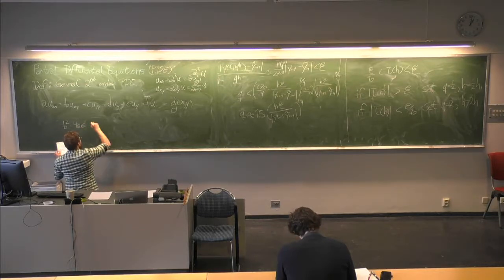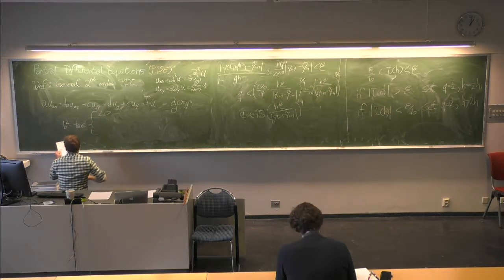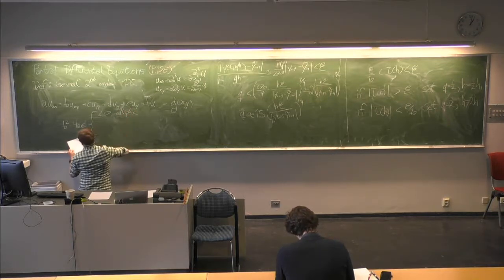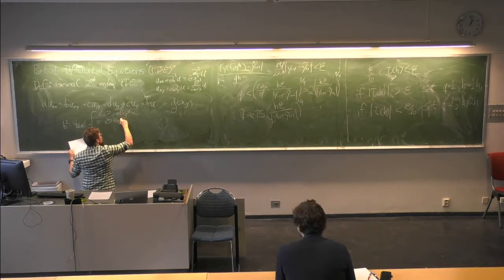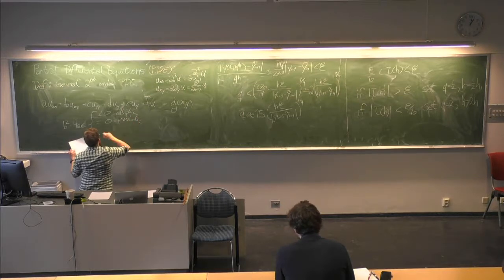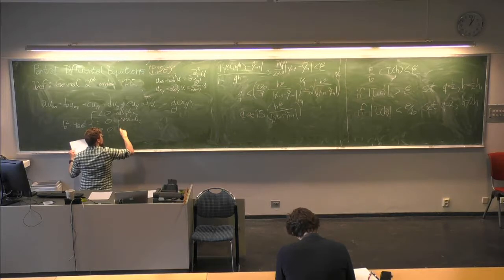If this is less than 0, we have an elliptic. If it's equal to 0, we have a parabolic. And if it's greater than 0, we have a hyperbolic PDE.